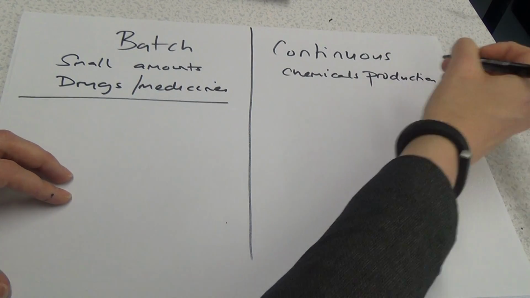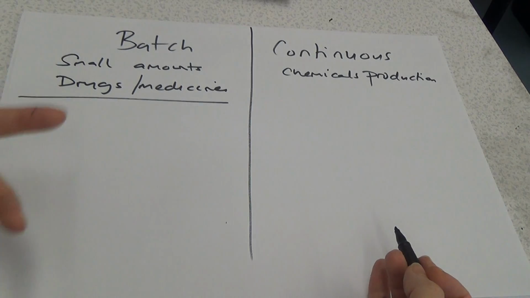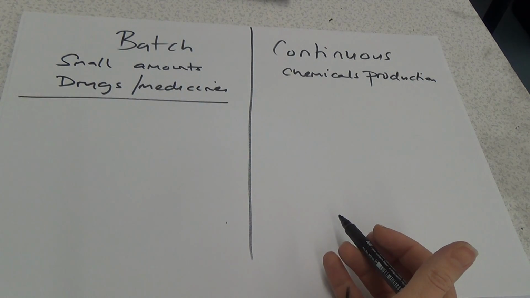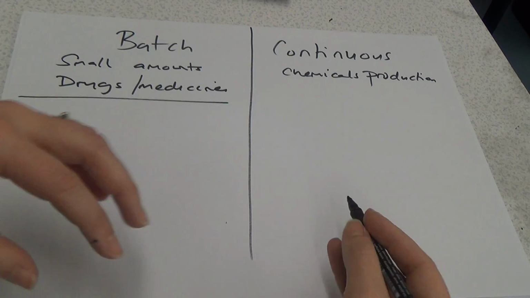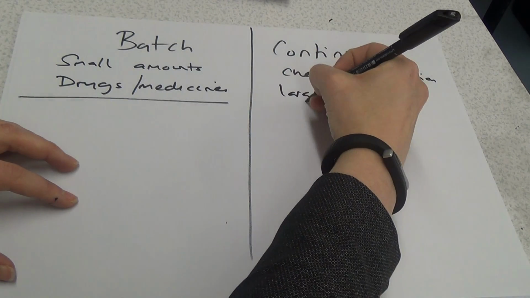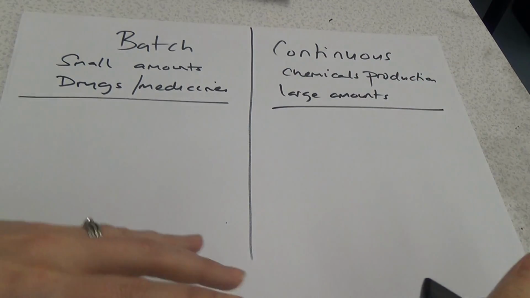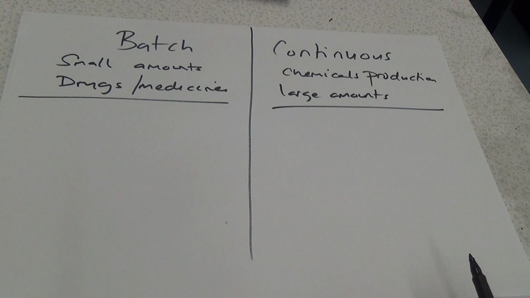Just like you'd expect from the name, continuous, as in ongoing, we're looking at chemicals that are produced over a very, very long period of time. Basically, it's produced all the time. So we're talking about large amounts and continuous production. The processing plants don't actually stop.